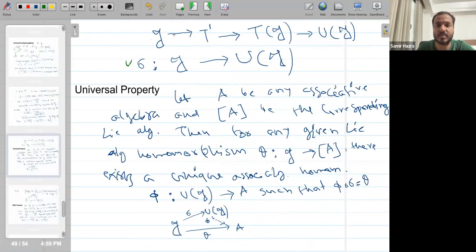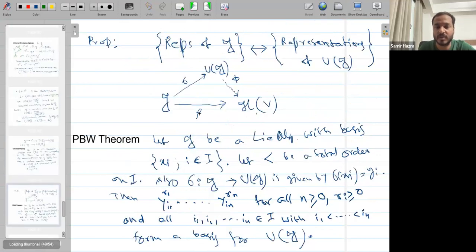For any such representation, there exists a phi, an associative algebra map from UG to GLV, such that rho equals phi composed with sigma. Since this is GLV, this phi is actually a representation of this associative algebra.